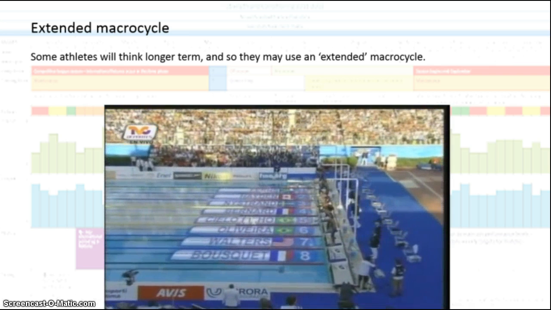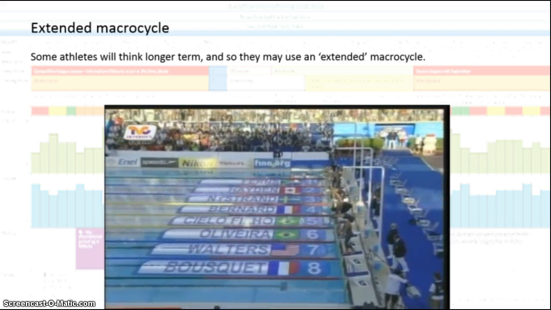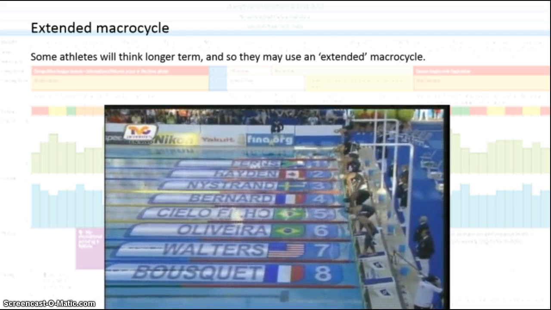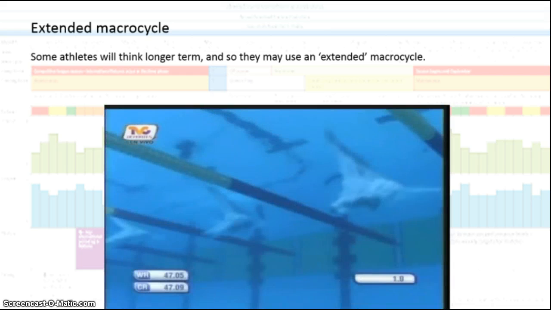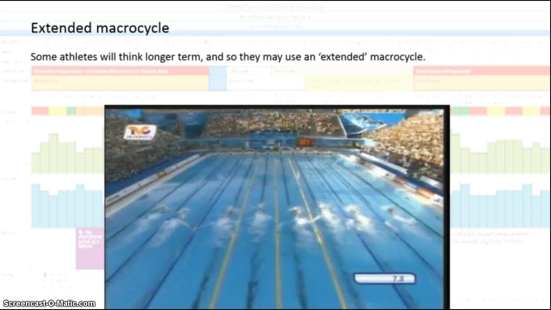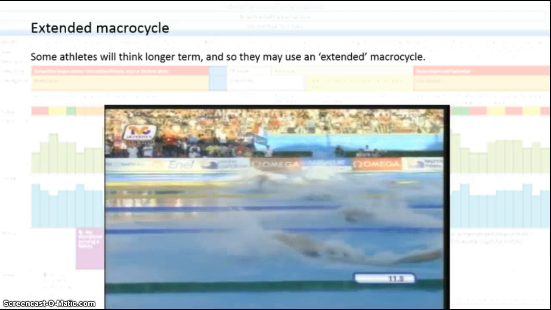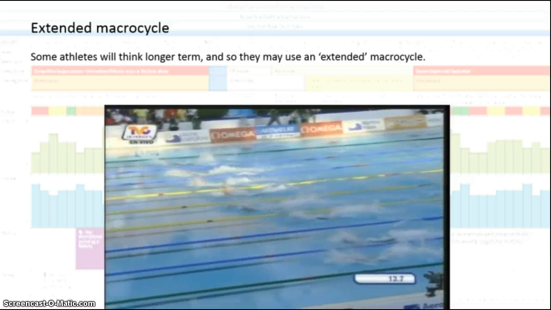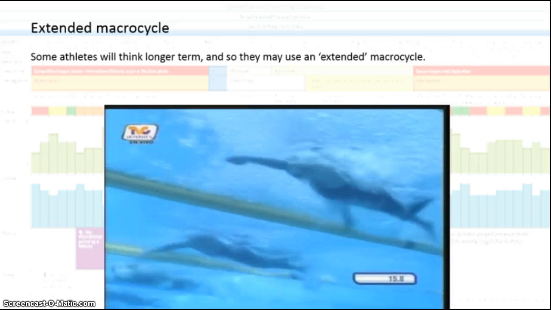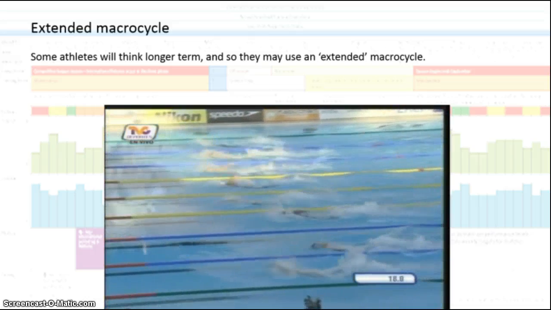For example, a 100-meter swimmer, like these that are on screen, might spend the first macrocycle building a base of endurance and muscular strength, with a concerted effort towards flexibility and technique. In the second macrocycle, the swimmer might work towards maintaining their endurance and muscular strength, and building on these to develop local muscular endurance while still working on flexibility and technique.